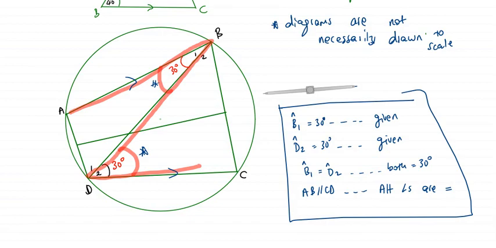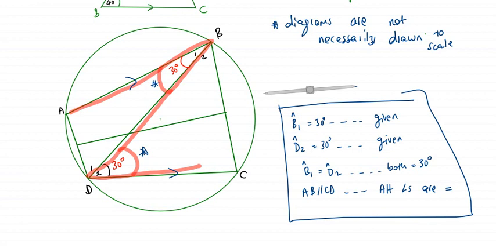So the way in which you are answering Euclid questions is that you are talking to the examiner. You are going step by step, explaining to the examiner logically that I see that B1 is 30 and you gave me that. I see that D2 is 30 and this is what you gave me. So I conclude to say that B1 and D2 are equal.